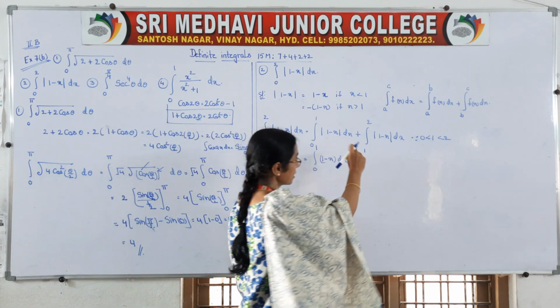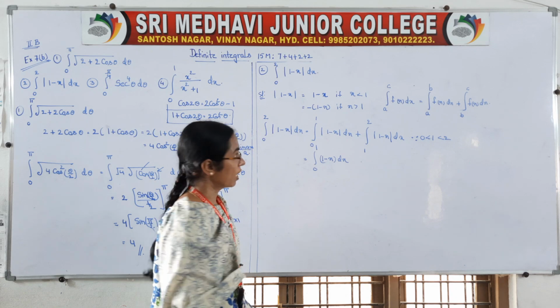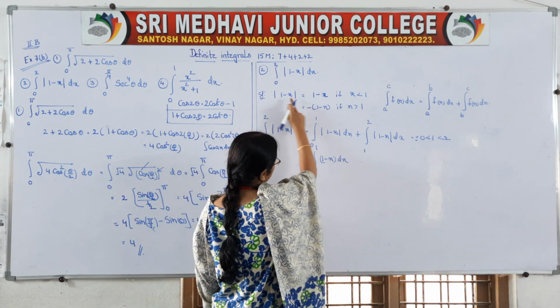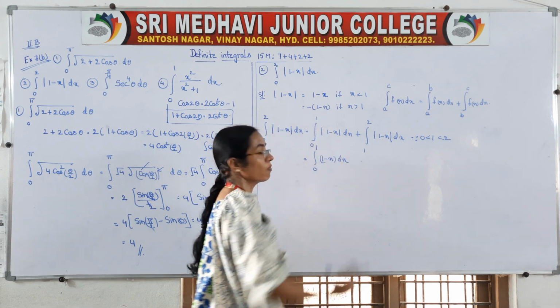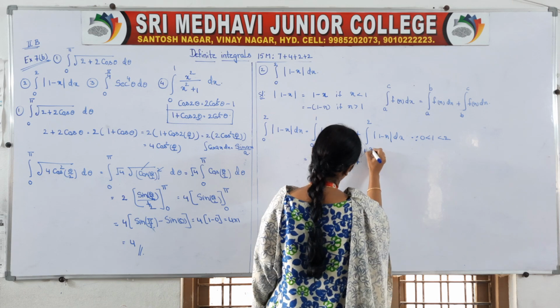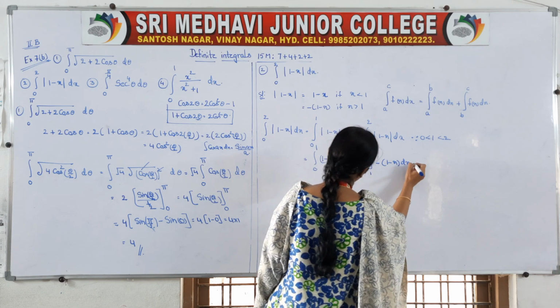Why is it like that? See, the integral 1 to 2 means x is greater than 1. Whenever x is greater than 1, modulus of 1 minus x is minus of 1 minus x. So it is equal to integral 1 to 2 minus of 1 minus x dx.